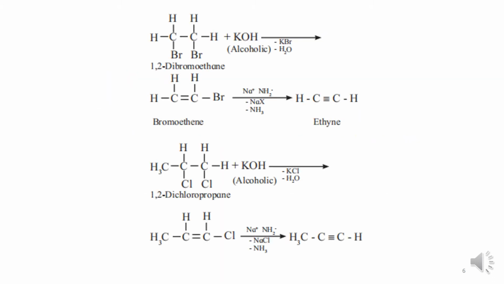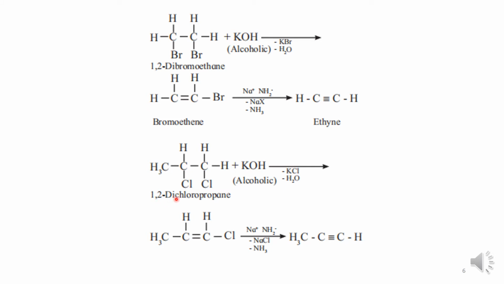If we have the compound 1,2-dibromoethane and it is treated with alcoholic KOH, one molecule of KBr and one molecule of H2O will be eliminated to give us bromoethene, and when bromoethene is further treated with sodamide we will obtain ethyne along with NaBr and ammonia gas.